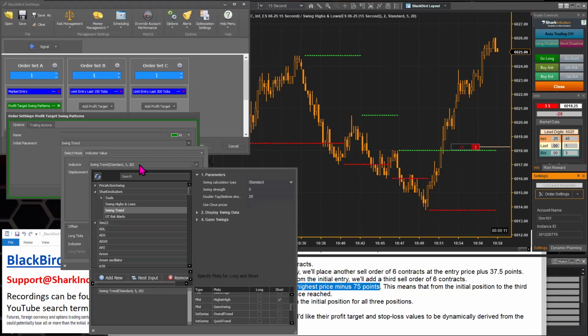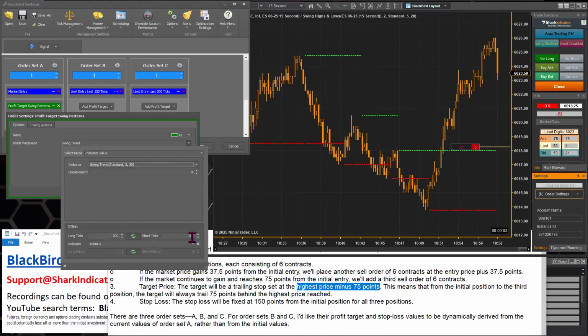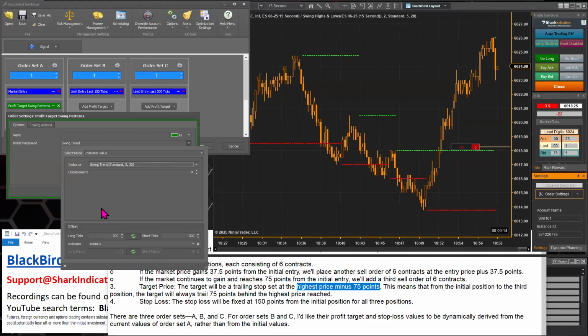So if we open up our indicator here, we have the highest high for a short trade, and then subtracting 300 ticks, which is 75 points. All right, so now we do have a trailing here.